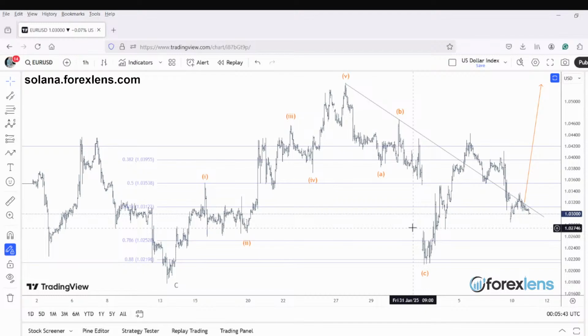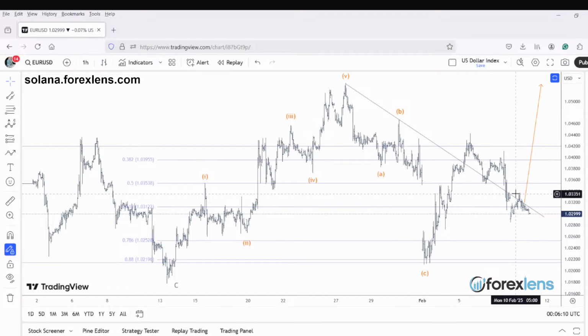It is quite possible that the second wave is still going on and is unfolding as a triangle, where you have that ABC and another ABC and another ABC, and another ABC and another ABC. So it goes around 5 times to form a converging triangle, that is also an alternate count which is possible.